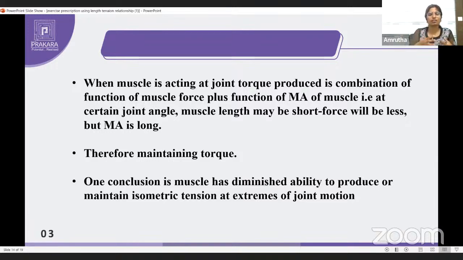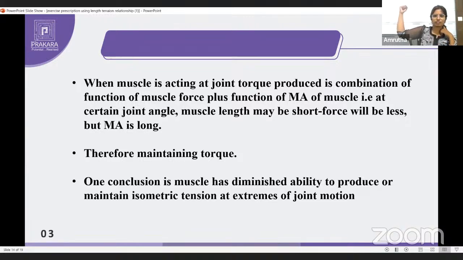What is isometric exercise? Tension should be increasing, but the length is the same. So once I fix at this particular point, the length is the same, but the tension is increasing. Same here, the tension is increasing.